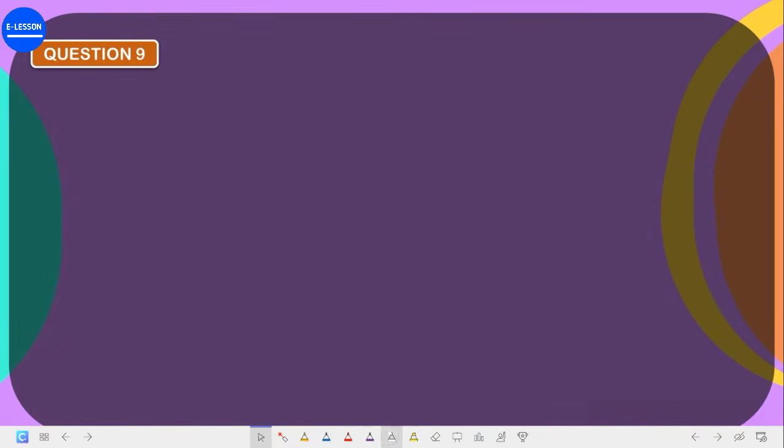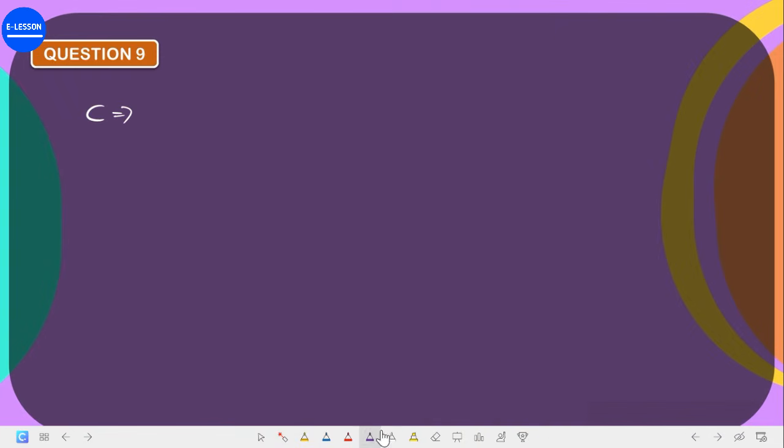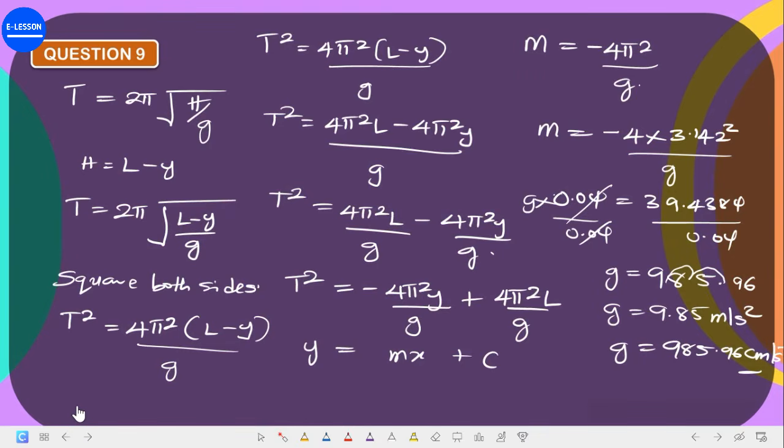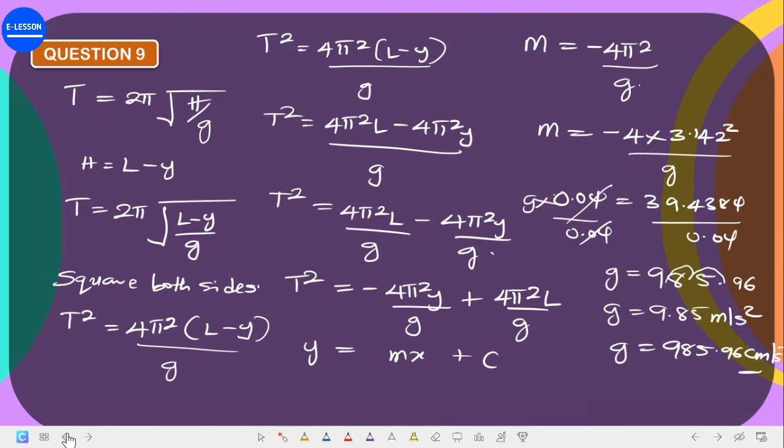Now we said c is what? From the graph, or from the equation of a straight line, c is the intercept, and it has a value of 4 pi square L over g. So we come here and say this is equal to 4 pi square L over g. We've calculated our g as 9.85 meter per second square, or 985.96 centimeter per second square.